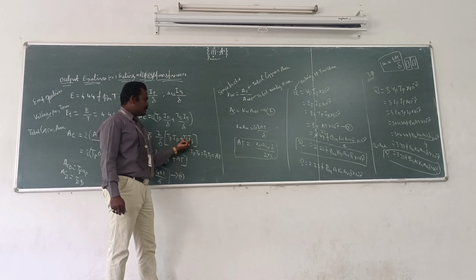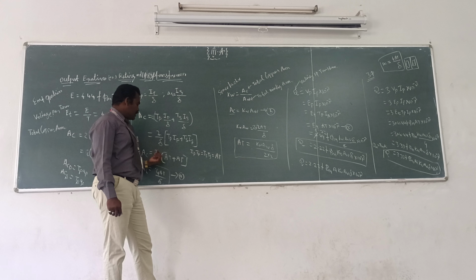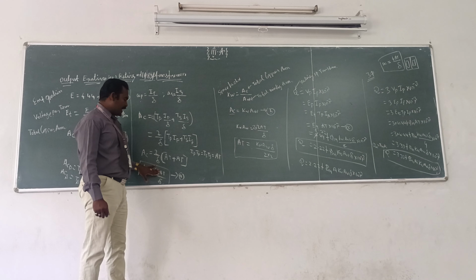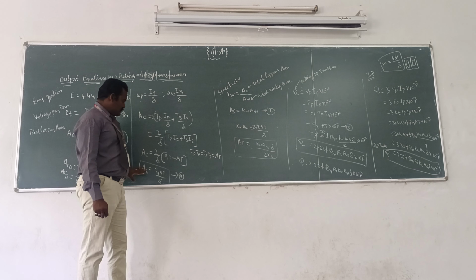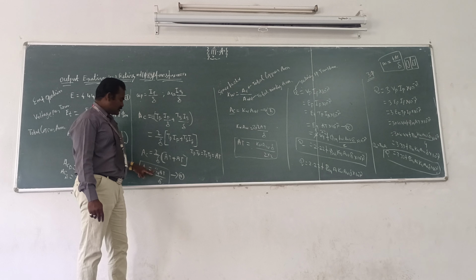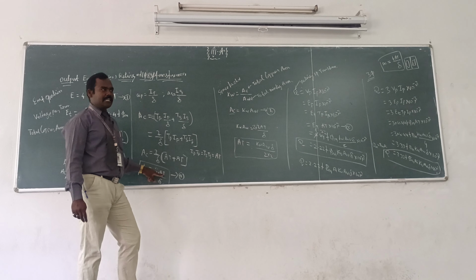Okay, so you can replace these two terms commonly with AT. So 2AT will come. So for the case of single phase, AC should be equal to 2AT divided by del. For the three phase, 4AT divided by del. Okay, that is, single phase means 2AT by del. For the case of three phase, 4AT by del.